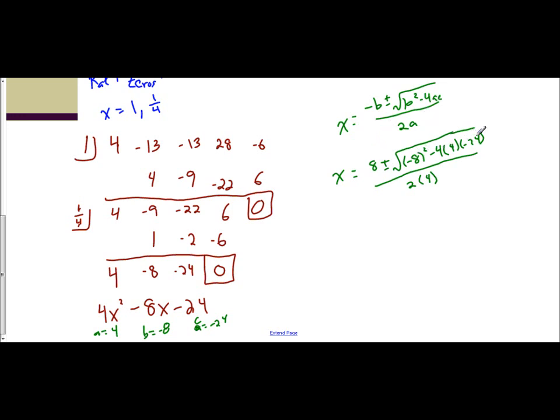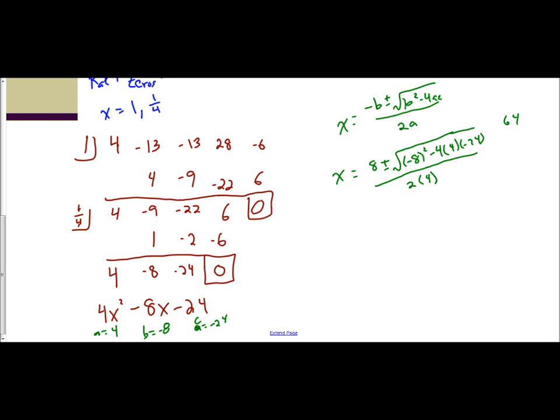We have negative 8 squared, I know is 64. And I have 4 times 4 times negative 24. So I have 4 times negative 24, and that is going to give me 384. And since I have two negatives there, it's going to be a positive.